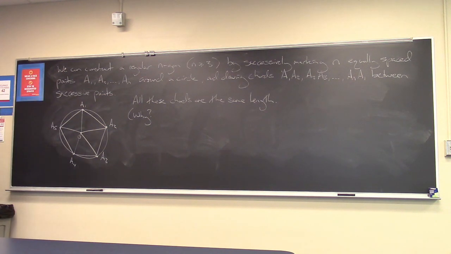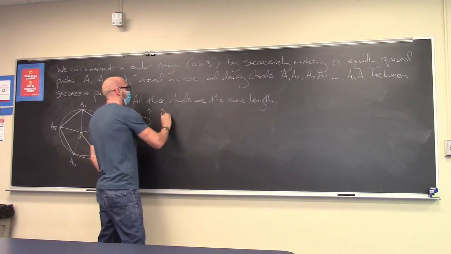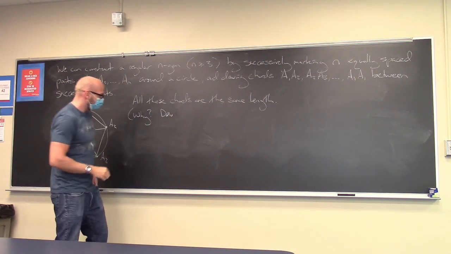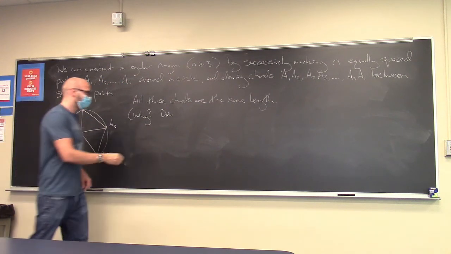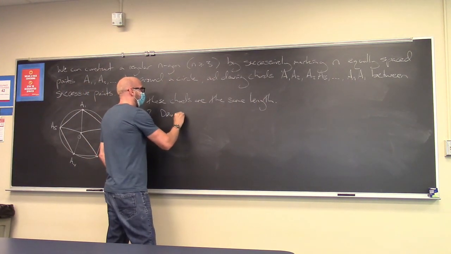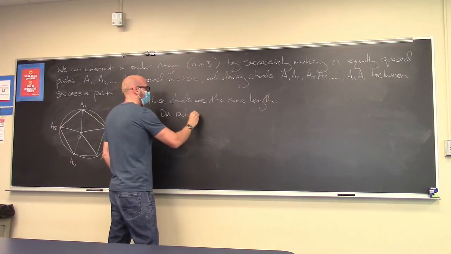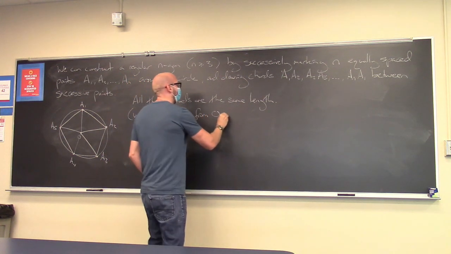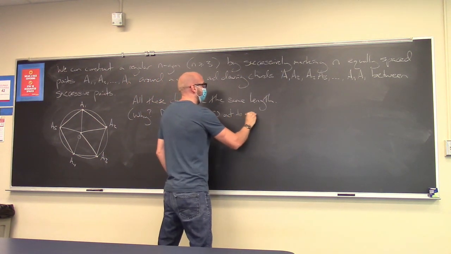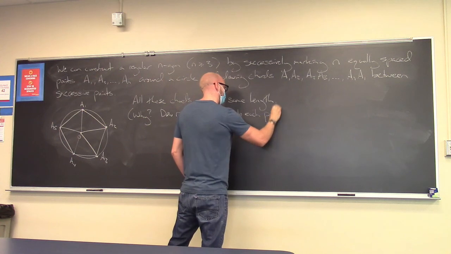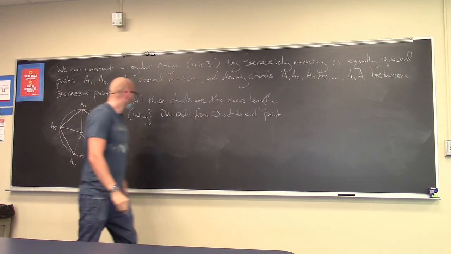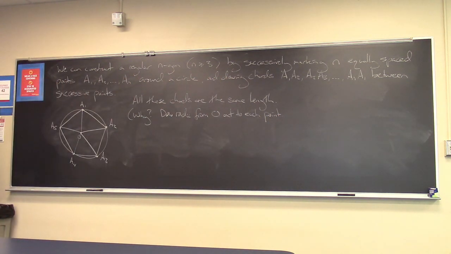I don't know if I want to write down this argument fully, we'll just talk about it. But draw radii from O out to each point. This constructs a whole bunch of triangles.